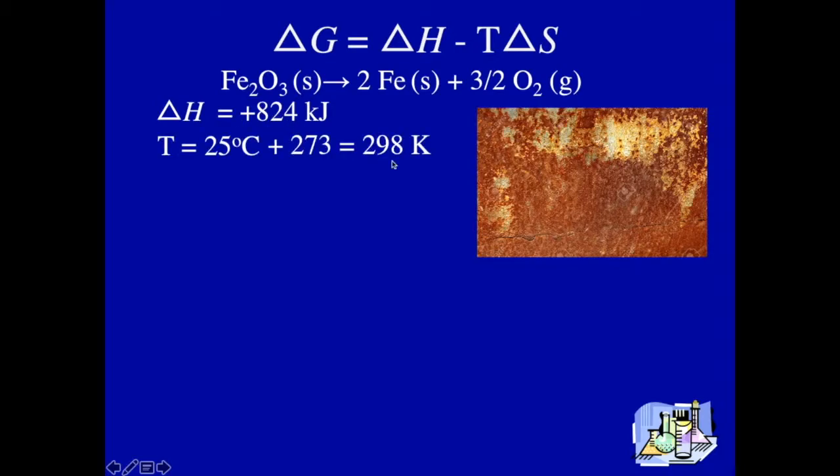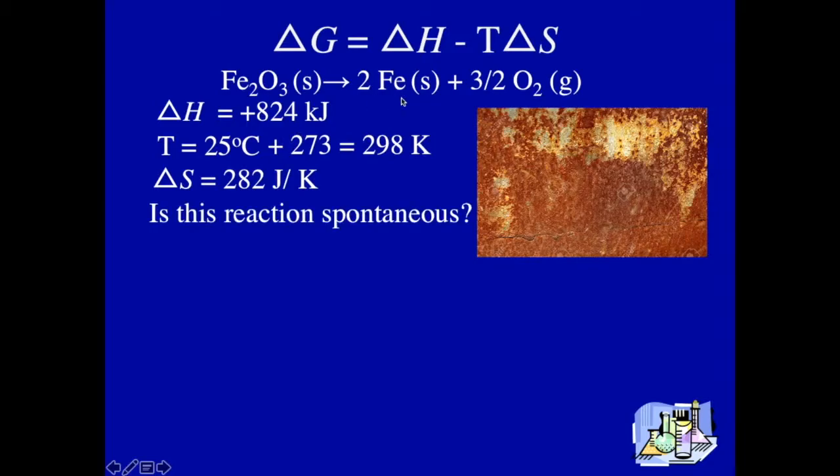If I put my temperature at Kelvin, will iron 3 oxide become iron and oxygen at room temperature? My entropy of the overall reaction, which is the products minus reactants, you see that delta S is a positive value. So this side has greater entropy because this is a positive value.